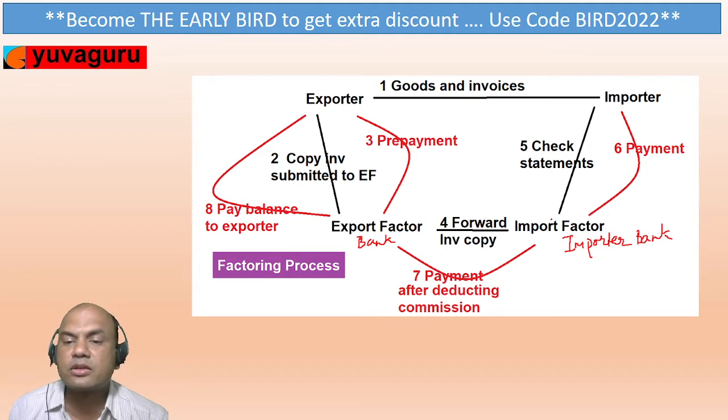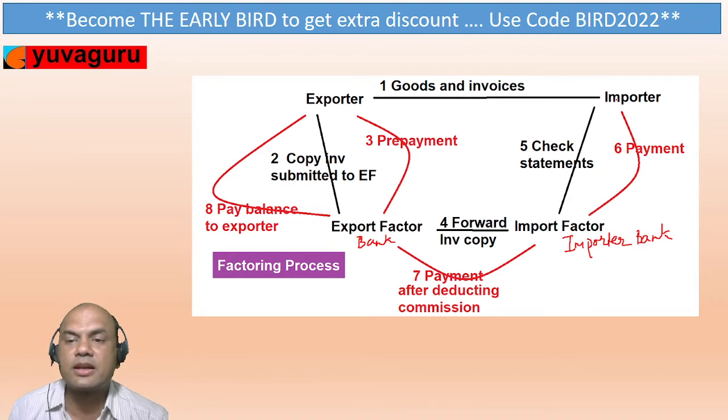Now this import factor will check with the importer whether this transaction has actually happened, in step 5. Check the statements. What do you mean by check the statements? These documents received from the export factor are tallied with the importer's purchase ledger. By that logic, this import factor comes to know that the transaction is genuine.